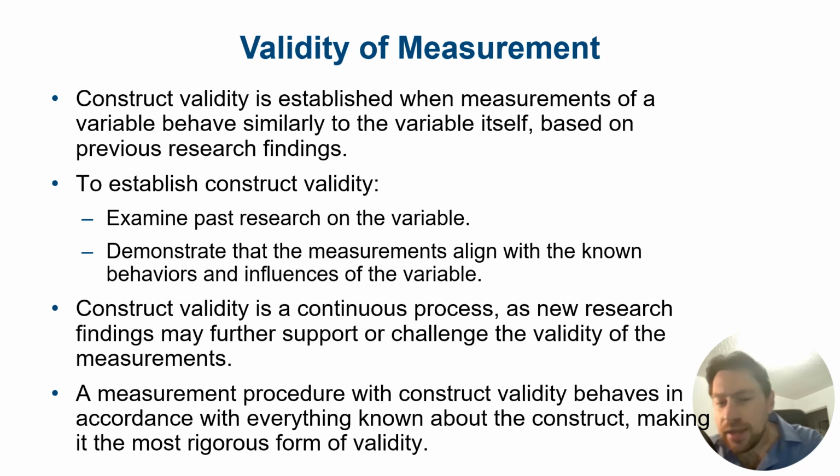So to say that a measurement procedure has construct validity is to say that it behaves in accordance with everything that we know about that construct. Therefore, this is the most rigorous form of validity. It gives us the most confidence that we are actually measuring what we think we are measuring.